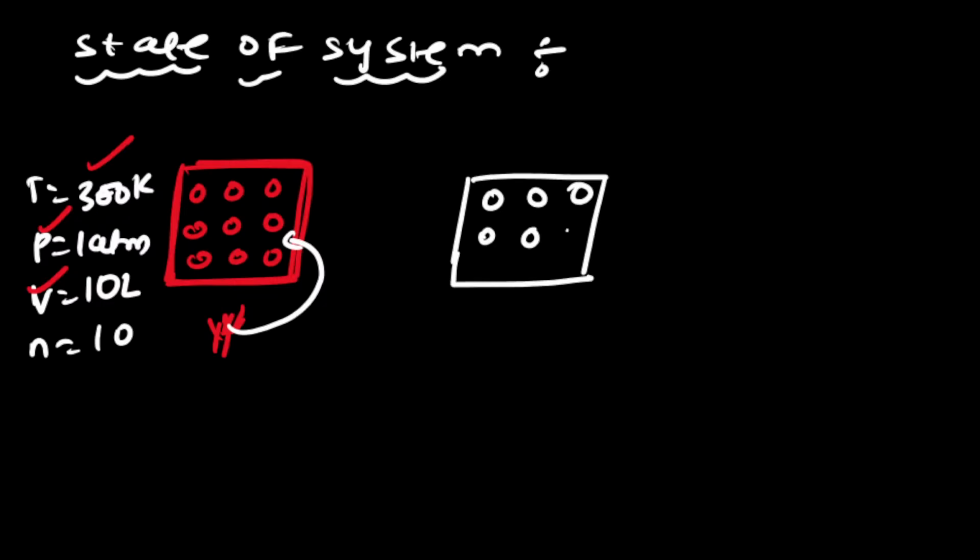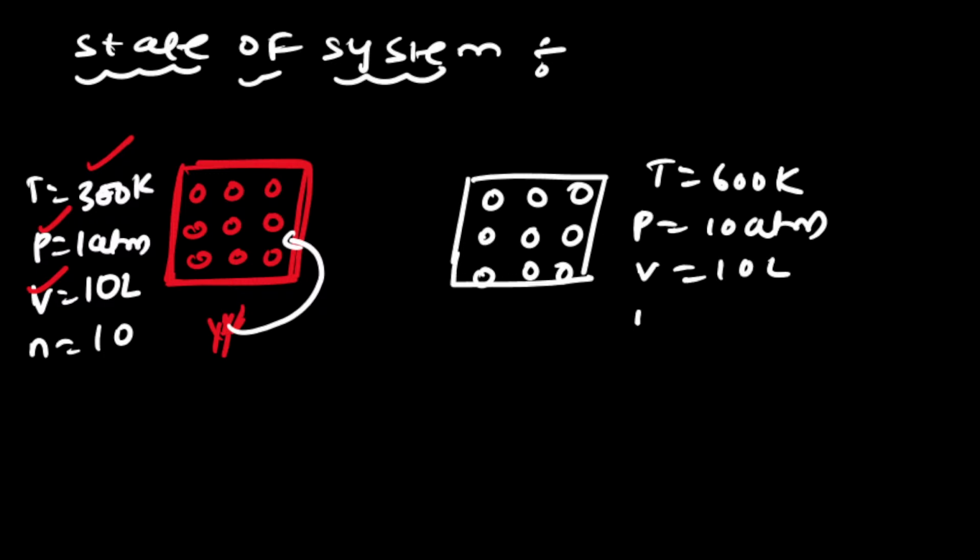T is equal to 600 Kelvin, and the pressure has increased to 10 atm, let us assume. The volume and the number of moles will be the same.